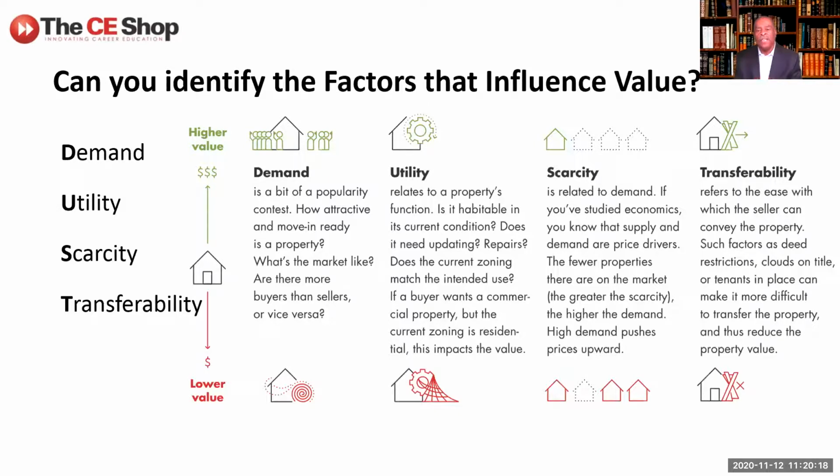We know that there's not an infinite amount of that, hence the scarcity gives a perception of value, and people are willing to pay for that, even though it could be referred to as high cost. So studying economics, we know that supply and demand are price drivers, and scarcity is a part of that. The fewer the properties there are on the market, the greater the scarcity, the higher the demand, and the higher demand pushes prices upward.